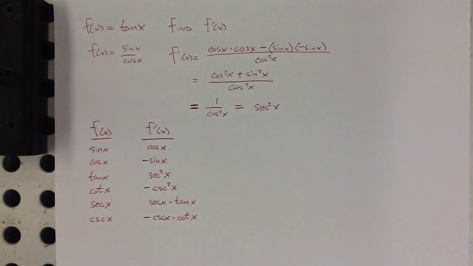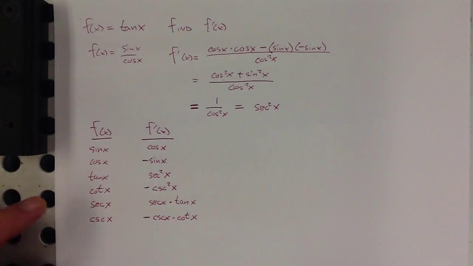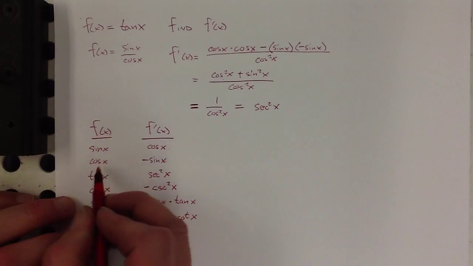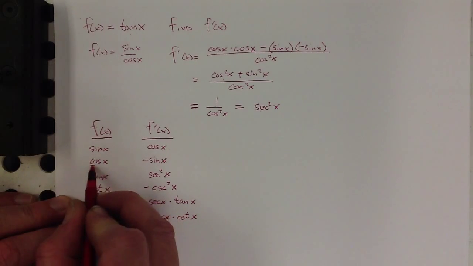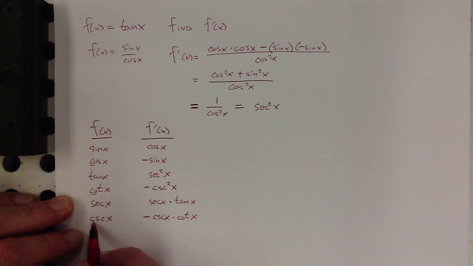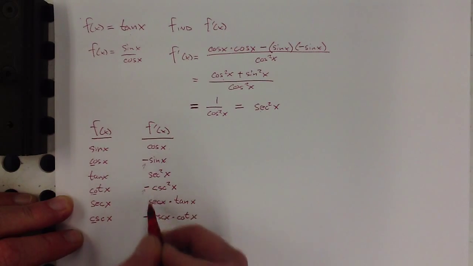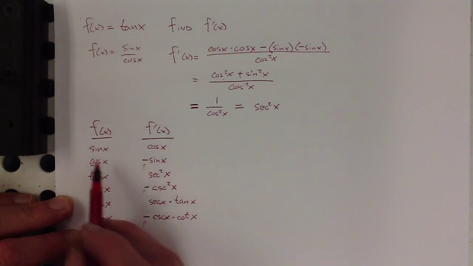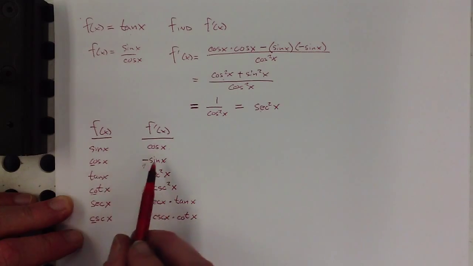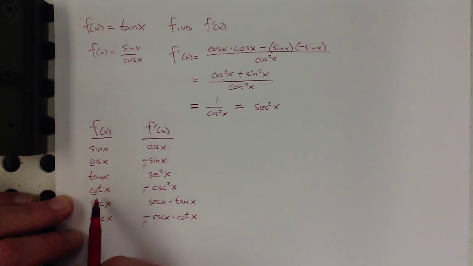Okay? I'll show you a couple of tricks. Did you notice that everything that starts with co has a negative derivative? That helps a little bit. Sine goes to cosine, cosine goes to negative sine, tangent goes to secant squared, cotangent goes to negative cosecant squared.